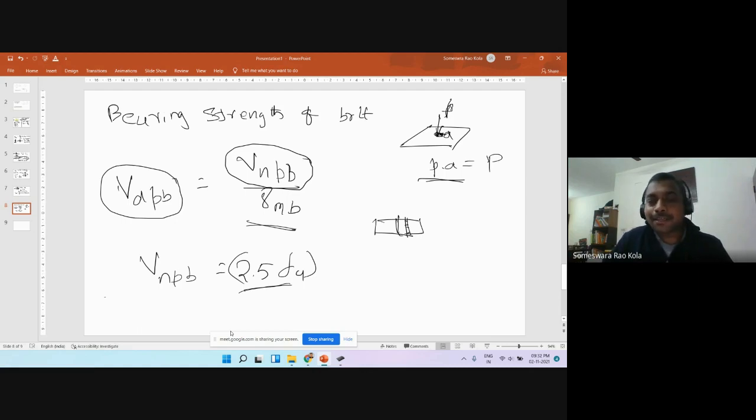What is the pressure exerted on the bolt? What is the maximum pressure that can be exerted on the bolt? Okay. Now you will answer that very shortly. So let's see this scenario. We have 2.5 times Fu into the area on which this is going to act.